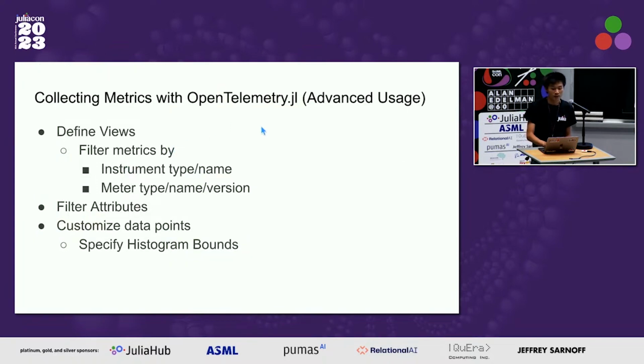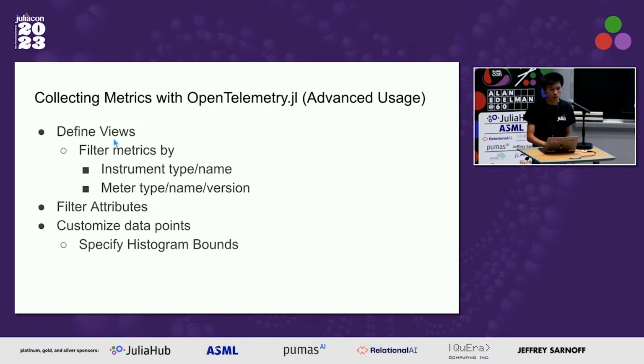Also, we have several advanced usages with metrics, like we can define views. The reason we need views is that if you are in a large project and you have a lot of dependencies included, then each dependency may provide many different kinds of metrics.